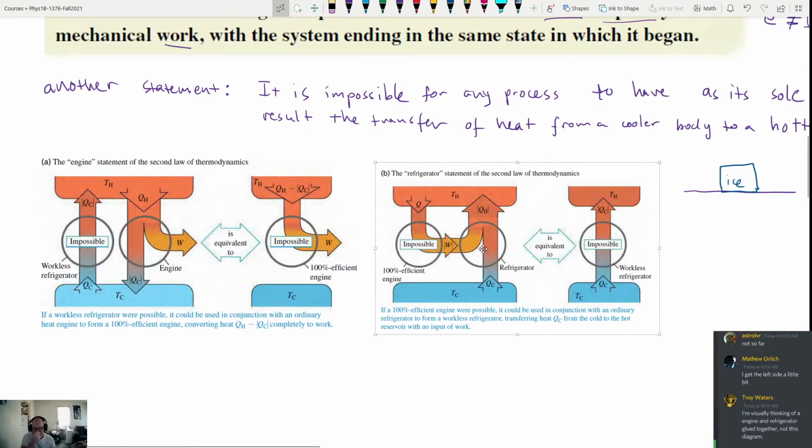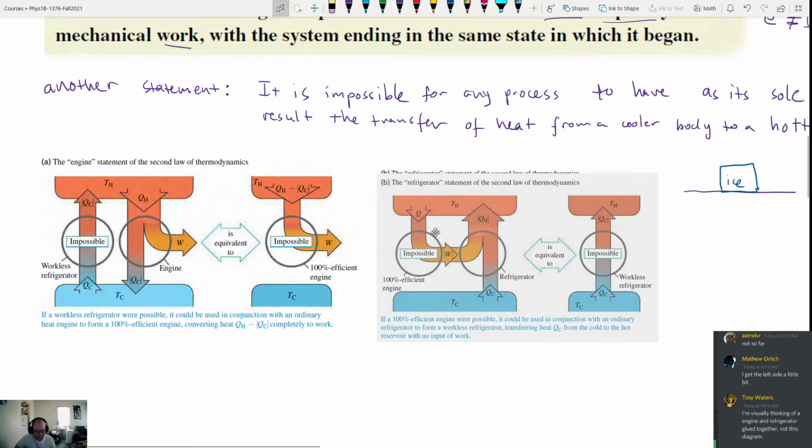Okay, so they're saying basically that if it was possible to have a 100% efficient engine, you could take that heat from the engine, turn it into work, and then now you have a workless refrigerator, even though there's work being done on the refrigerator.